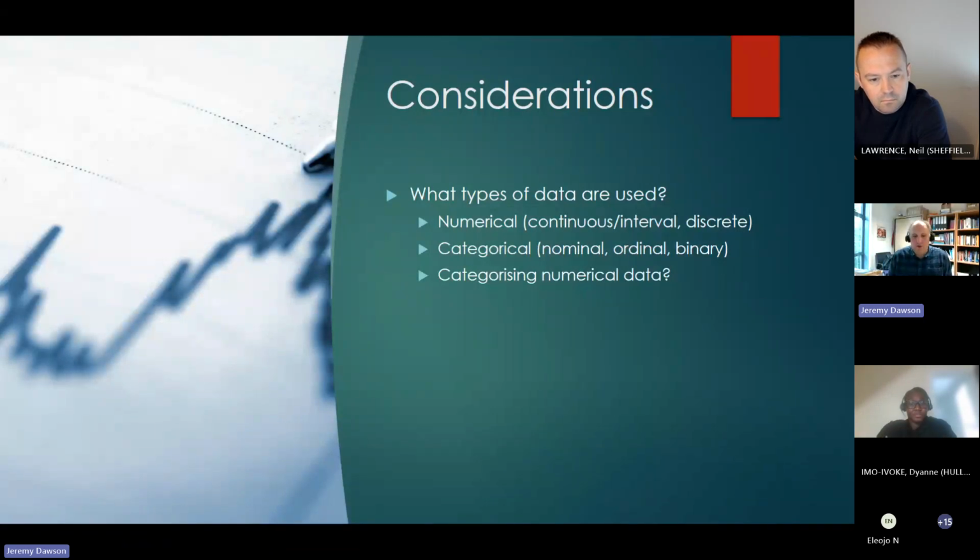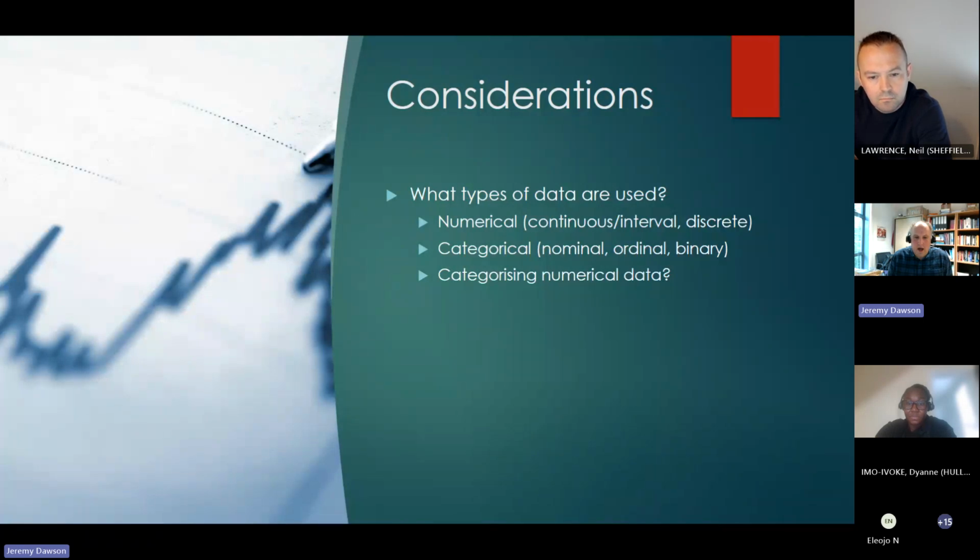Broadly, there are two main types of data that we might have, although with different subtypes. So this would include numerical data. Numerical data would typically either be continuous in nature, so theoretically it could take on any particular value within a given range.